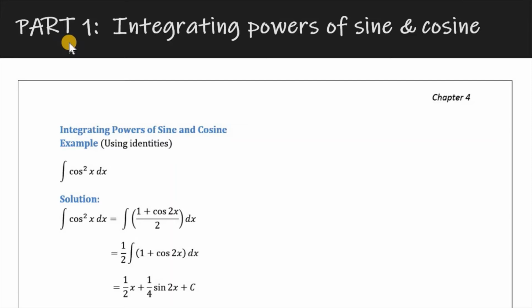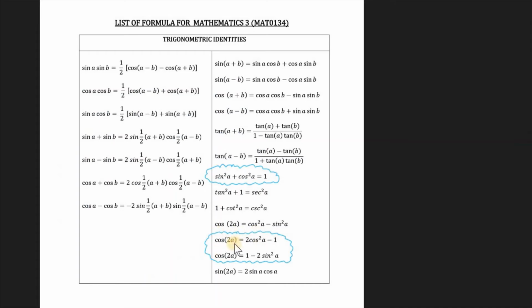Let us start with integrating powers of sine and cosine, like this one. The guideline says that if you have an even power like this, consider using the half angle formula.